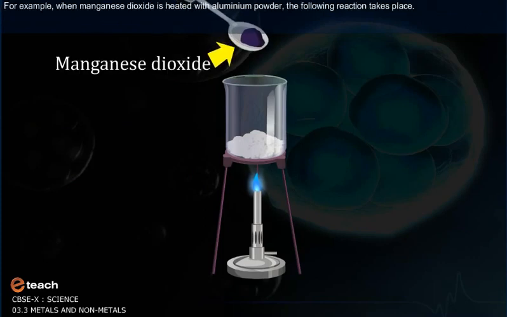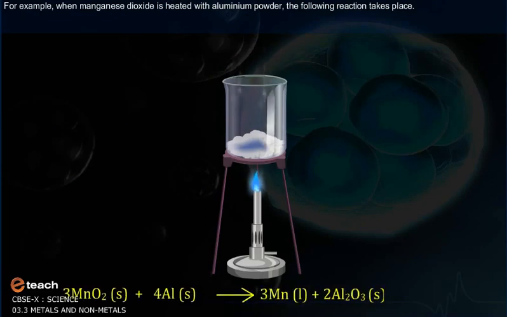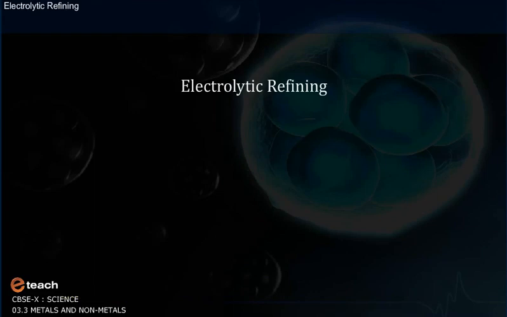For example, when manganese dioxide is heated with aluminium powder, the following reaction takes place. 3MnO2 plus 4Al gives 3Mn plus 2Al2O3 plus heat.